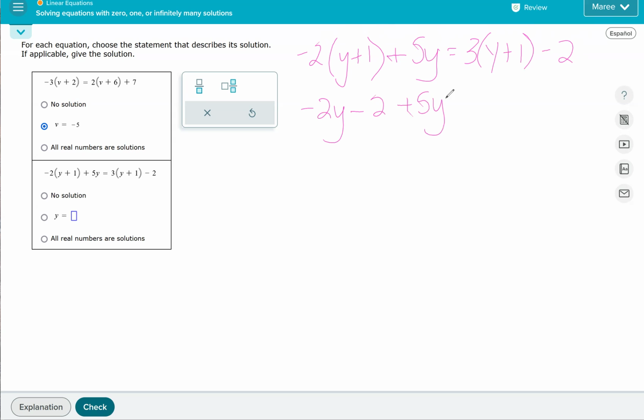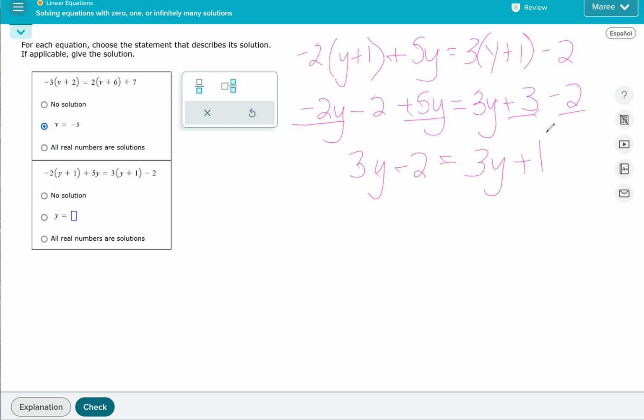Plus 5y equals 3 times y is 3y, and 3 times 1 is 3 minus 2. Then we combine like terms on both sides. -2y plus 5y is a +3y. On this side, 3 minus 2 becomes a +1.